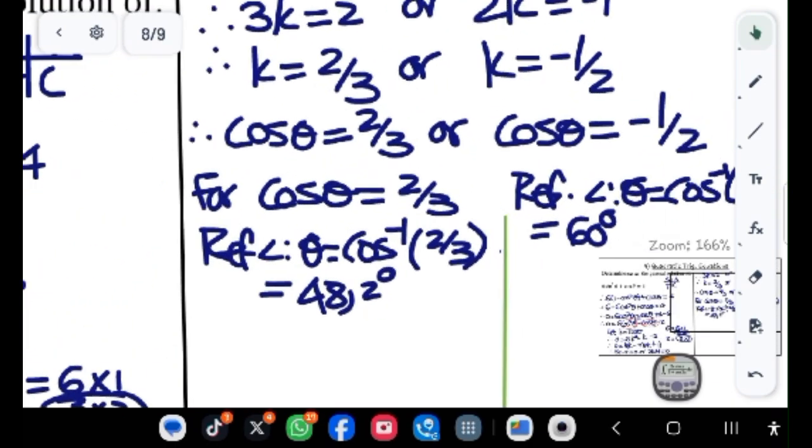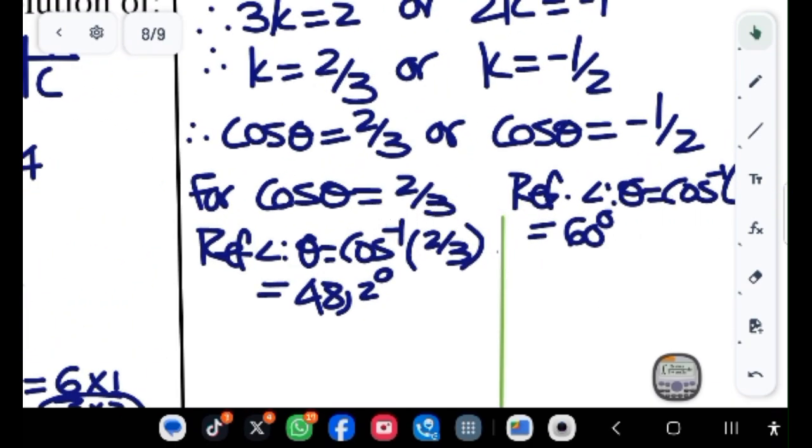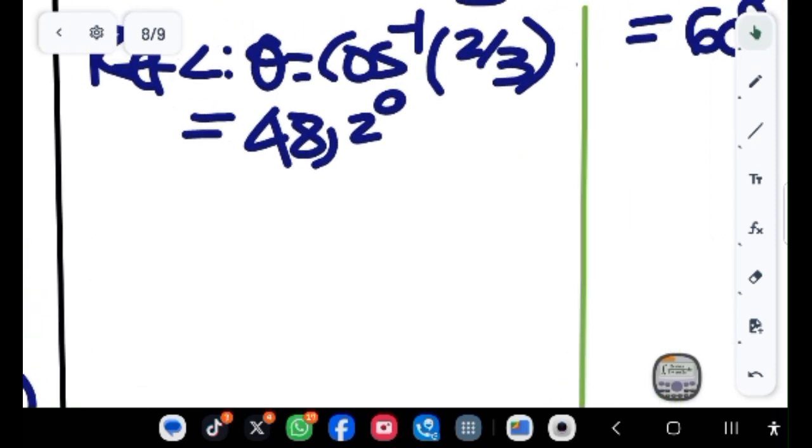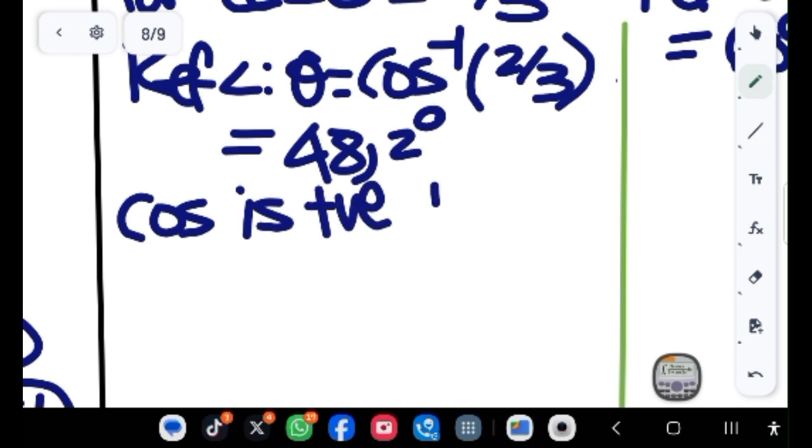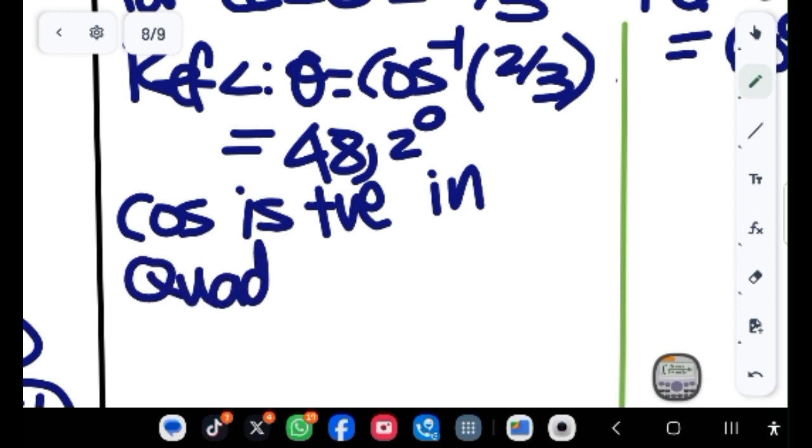This one is for when cos is positive and this one is for when cos is negative. So cos is positive in quadrant 1 and 4.